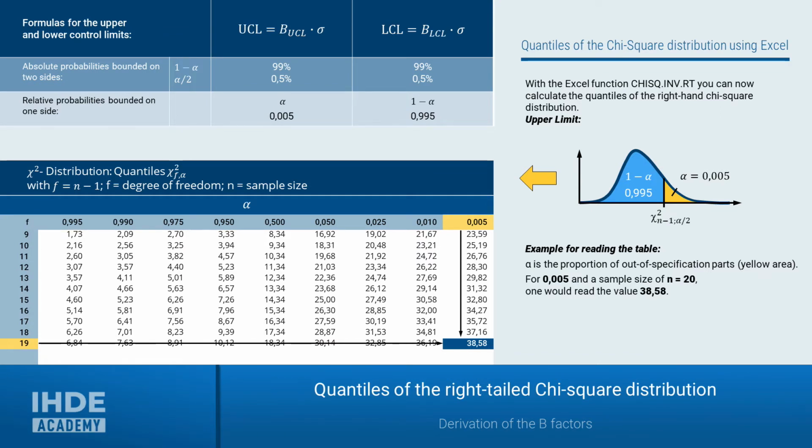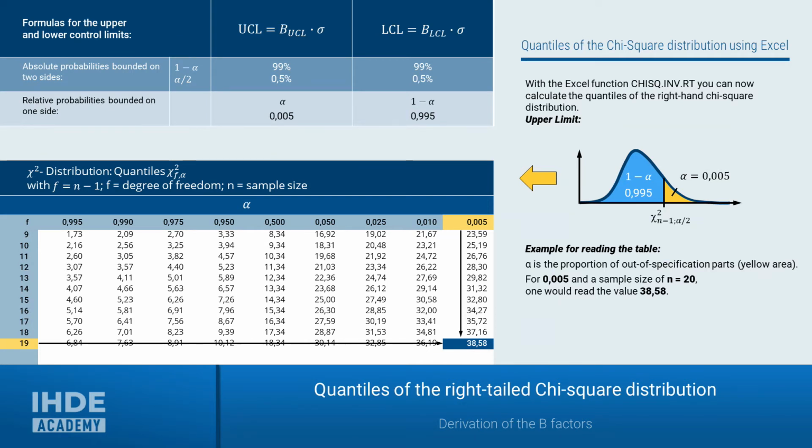So if you are now looking for the quantile, this means the limit or the cut point behind which 0.5% of all values are, you first look for the 0.005 in the table for the chi-square distribution in the row for the different values of alpha. Then you go to the line for the corresponding degree of freedom.